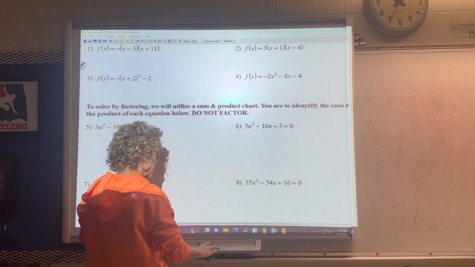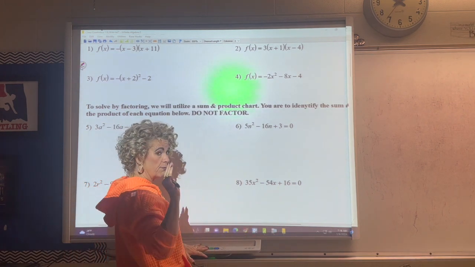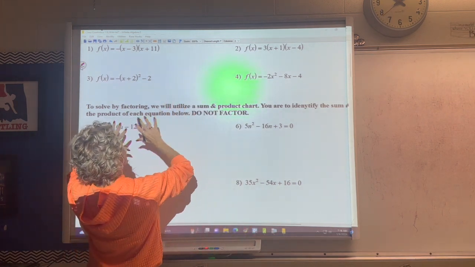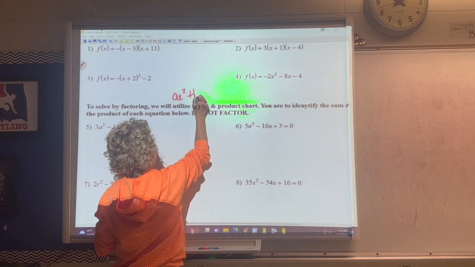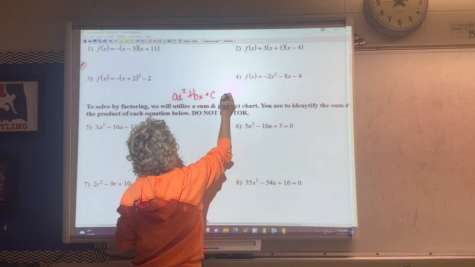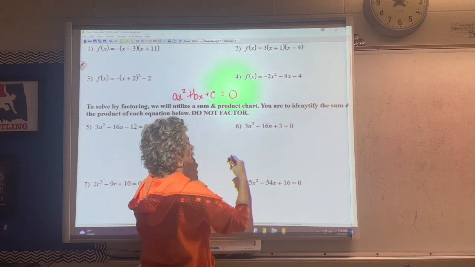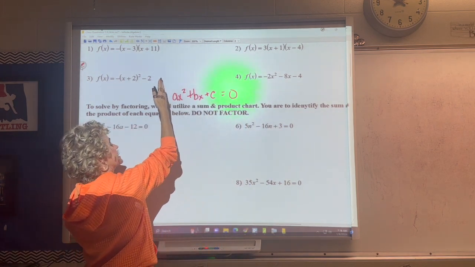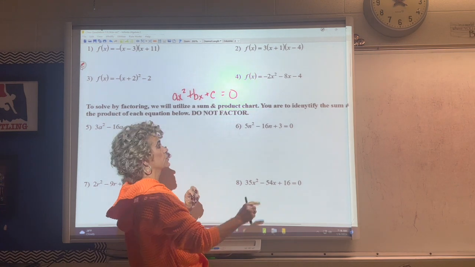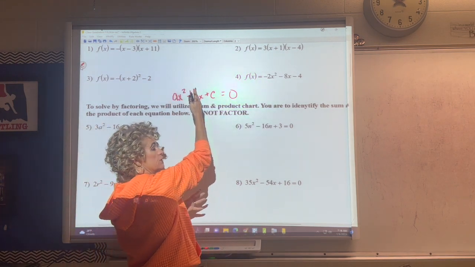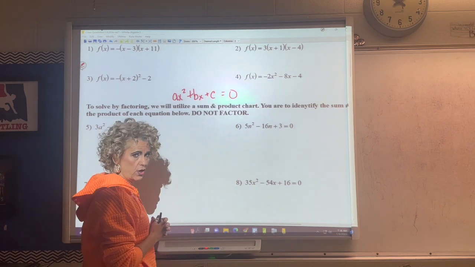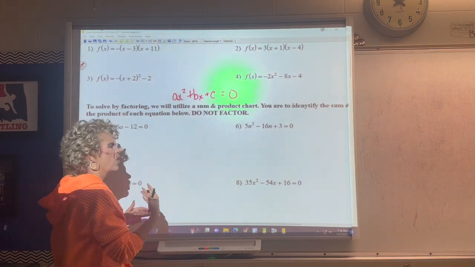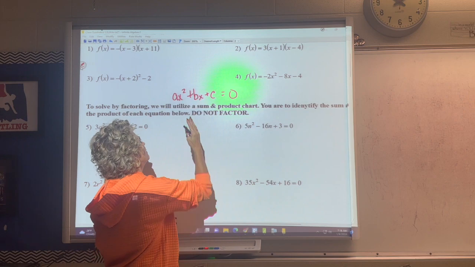If we remember from our previous lessons, quadratic form is ax squared plus bx plus c equals 0. One side needs to be equal to 0. A is the coefficient of your quadratic term. B is the coefficient of your linear term, and C is your constant. The constant is the number all by itself.